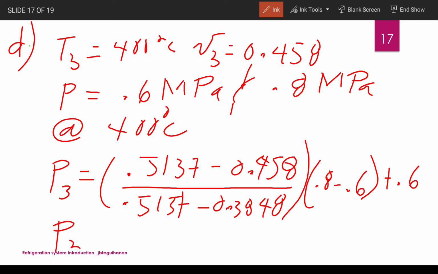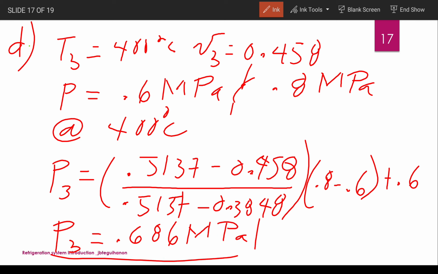P3 therefore is equal to 0.686 megapascal. This is your final pressure, when the cylinder stops at the stopper.